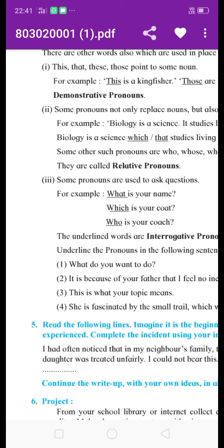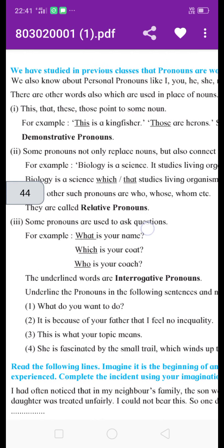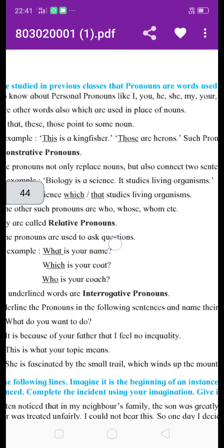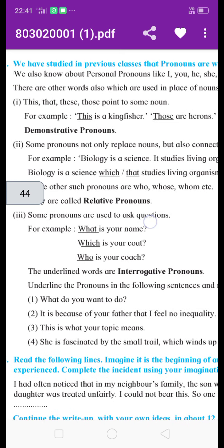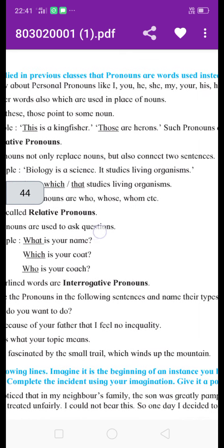Some pronouns not only replace but also connect sentences. That time these pronouns are relative pronouns. They tell us the relation of two things, two nouns. That time we are using a pronoun.